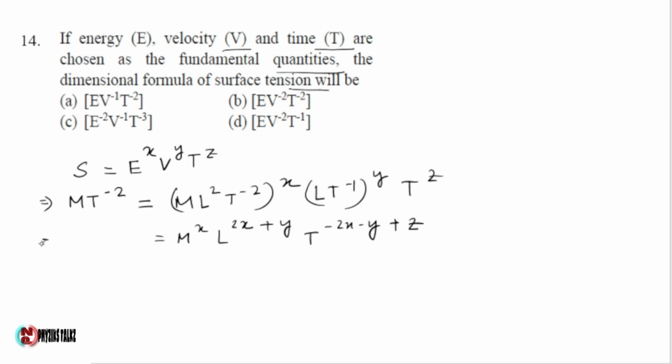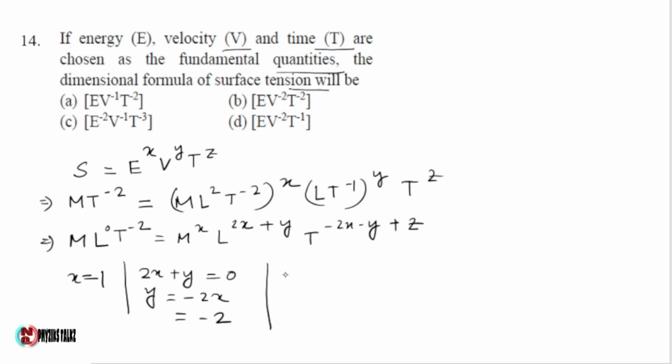Now the left hand side is given by M L^0 T^-2. Comparing both sides, we have x equals 1, and 2x plus y equals 0, so y equals minus 2x, which gives y equals minus 2. And minus 2x minus y plus z equals 0, so minus 2 plus 2 plus z equals 0.